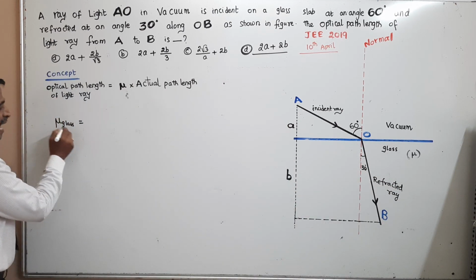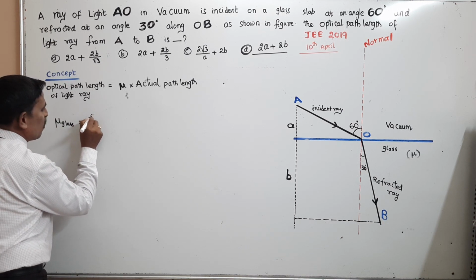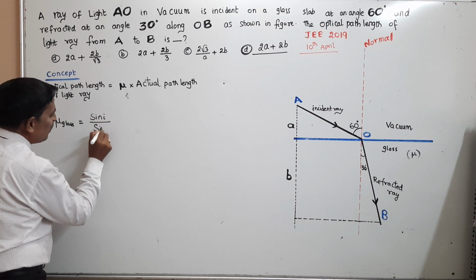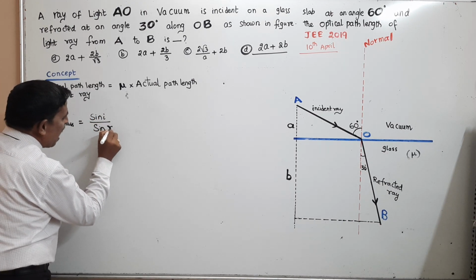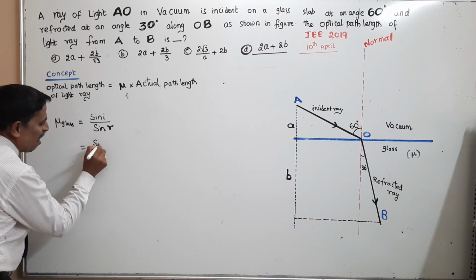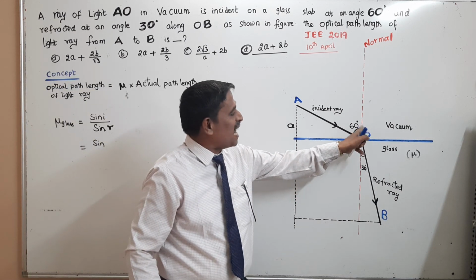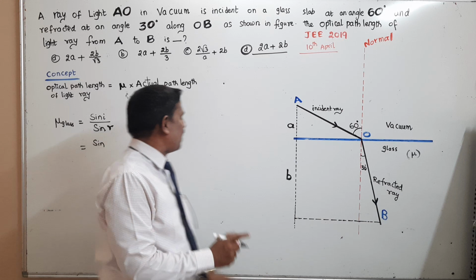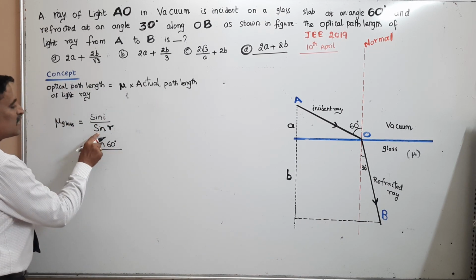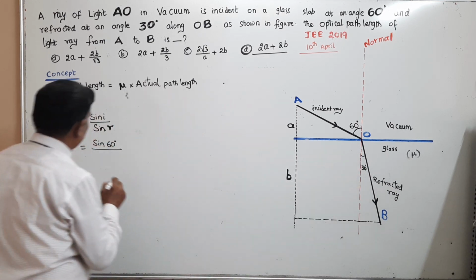Refractive index of the glass is equal to sin i by sin r, that is sin of angle of incidence, 60 degrees, by sin of angle of refraction, 30 degrees.